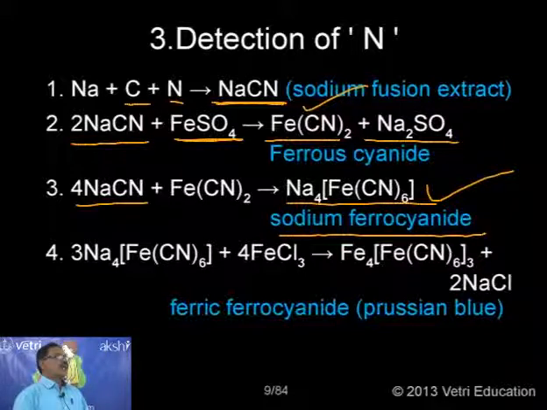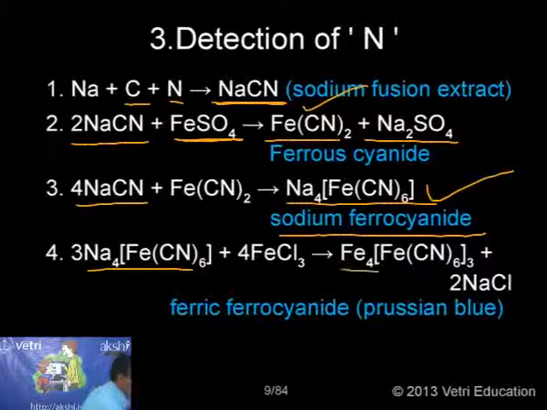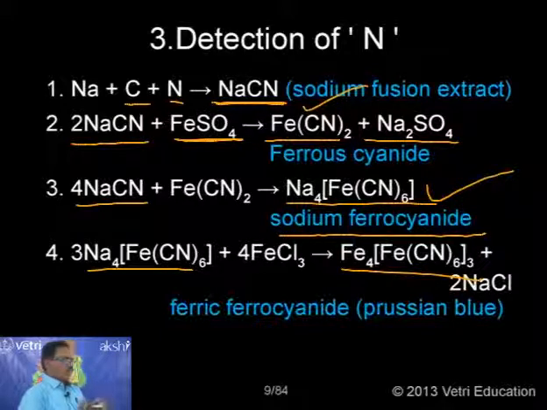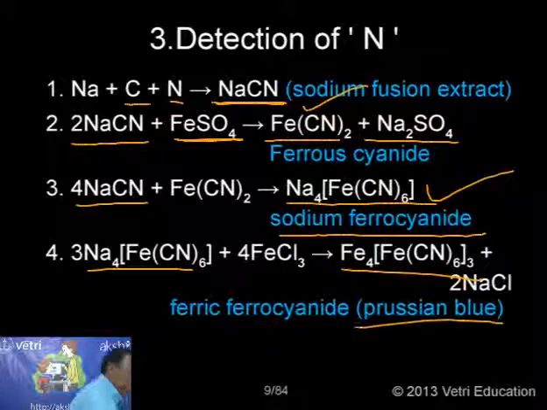To that solution, if you add neutral ferric chloride, this sodium ferrocyanide will be converted into ferric ferrocyanide. The formula is Fe4[Fe(CN)6]3. This is called ferric ferrocyanide. Another common name is Prussian blue, as I have already pointed out.